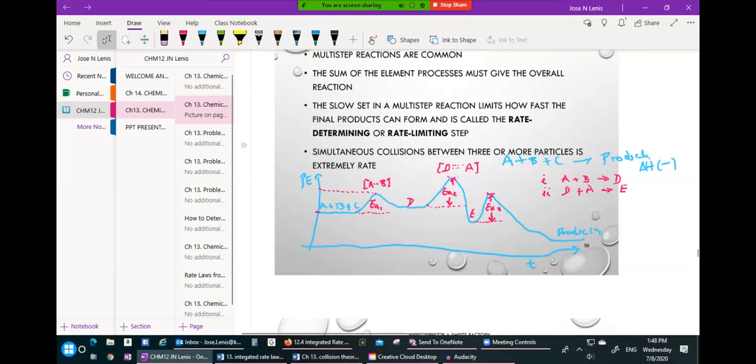And then E will go through a third step, where E reacts with B to make the final product.